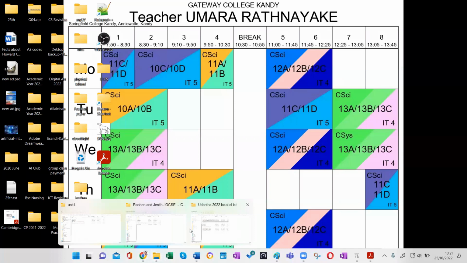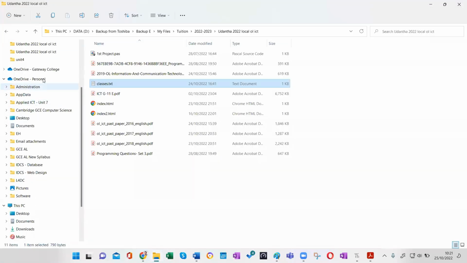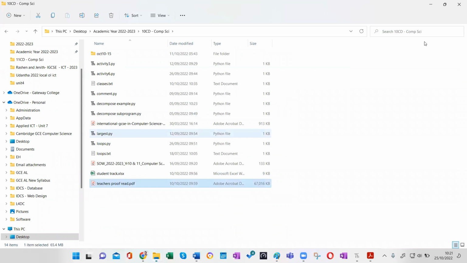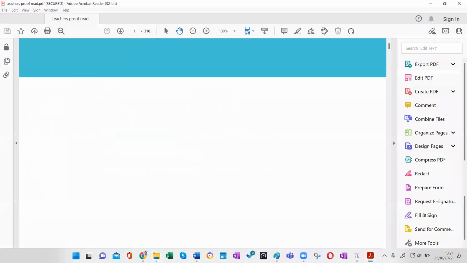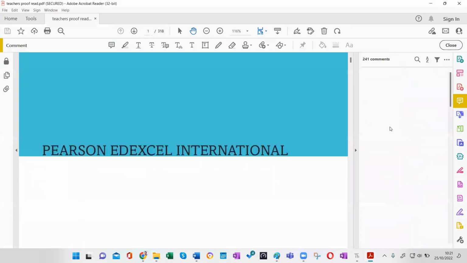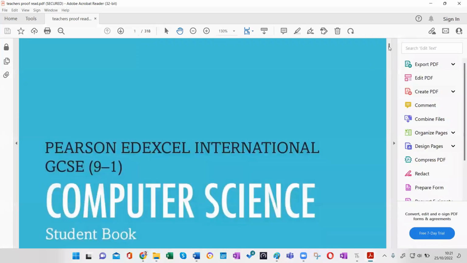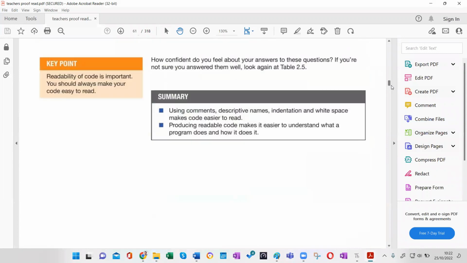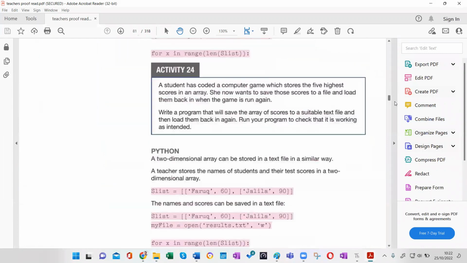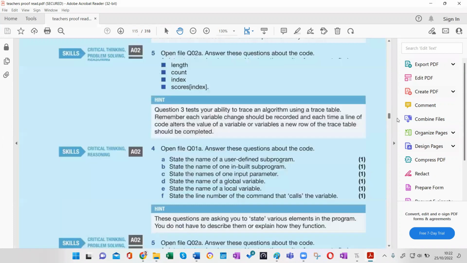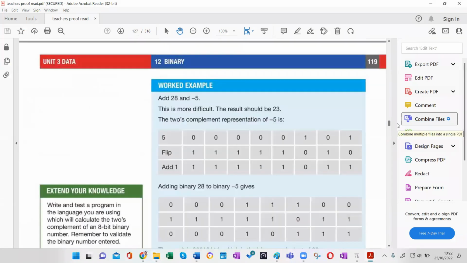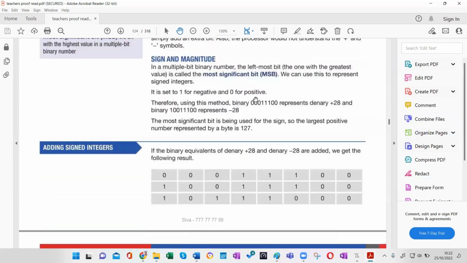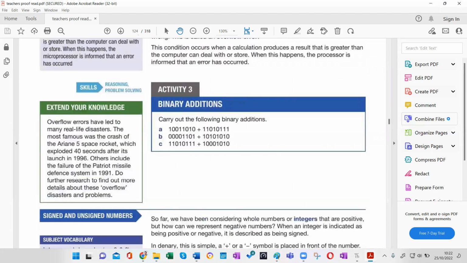Let me open it separately. Okay, here we go.